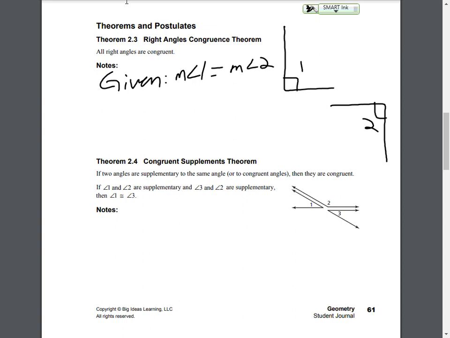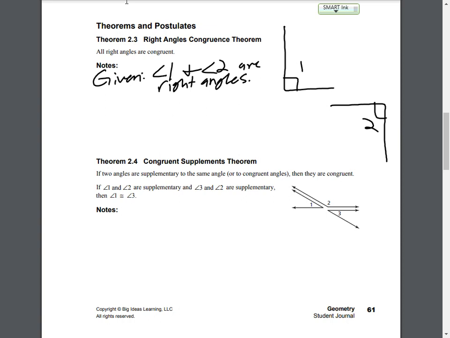Nope, sorry. I messed up. What are we given? Angle 1 and angle 2 are right angles.